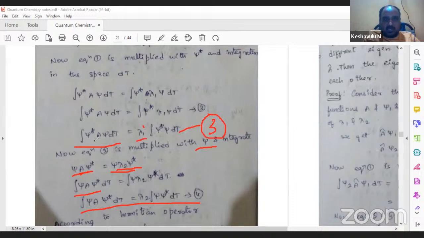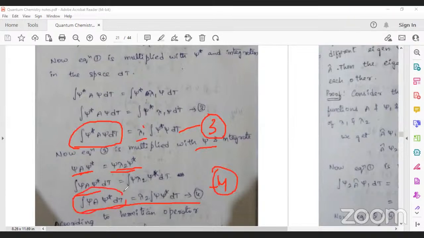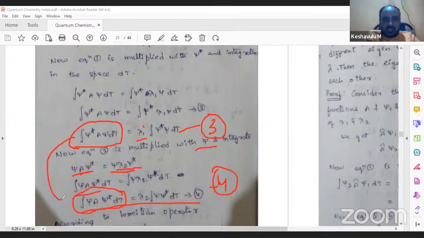Okay. From equation 3 and equation 4, just see these two equations. According to Hermitian operator, this one is equal to this one, right? LHS equal to RHS. Yes, these both are equal whenever the operator is a Hermitian operator.